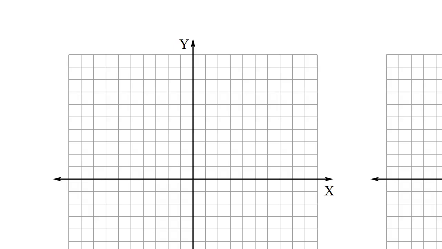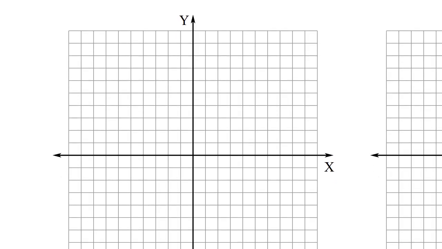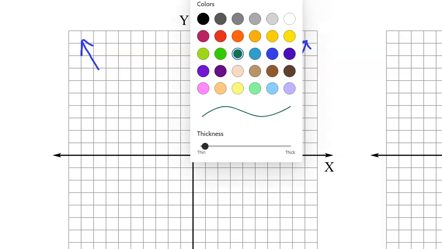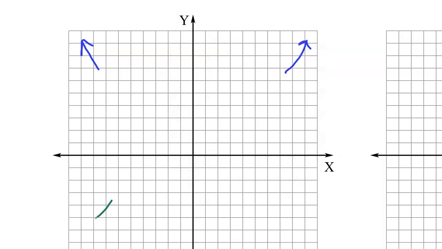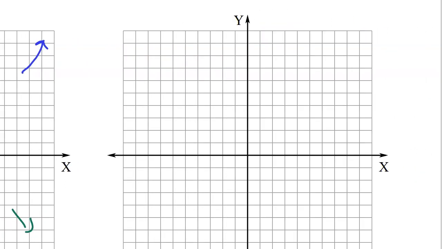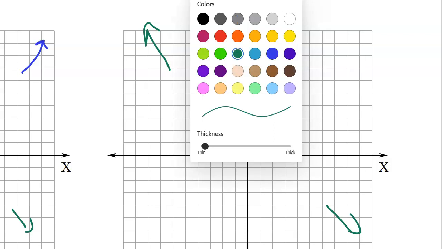So the end behavior is what happens on the graph when we're ending. So in other words, are my arrows both going to be going up? Are they possibly both going to be going down, like our parabolas? Or could they be more like cubic functions, one going up and one going down type of thing?